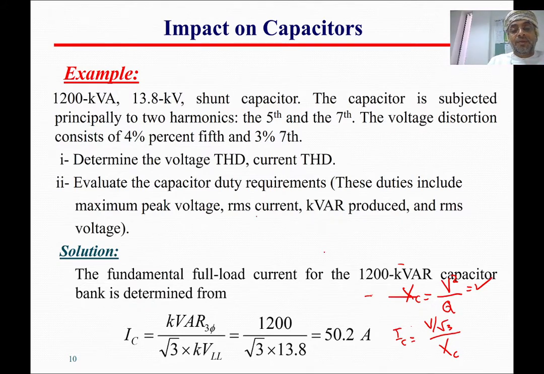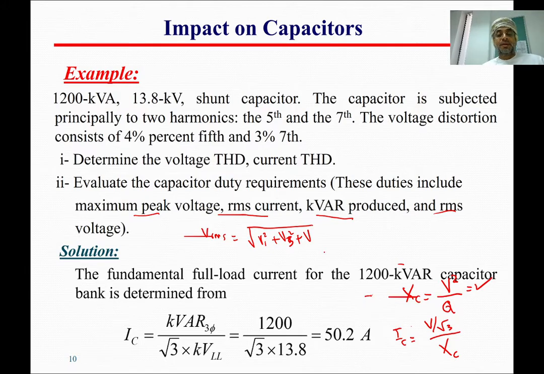So we need to find the root mean square current, root mean square voltage, the kilovolt ampere produced, and the peak voltage. Of course, for the root mean square voltage, we need to take the fundamental component plus third harmonic plus fifth. Since we have the fifth and the seventh.